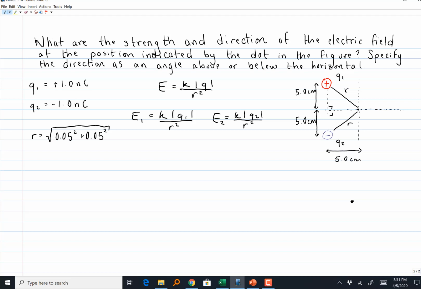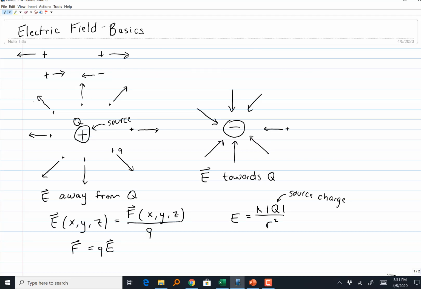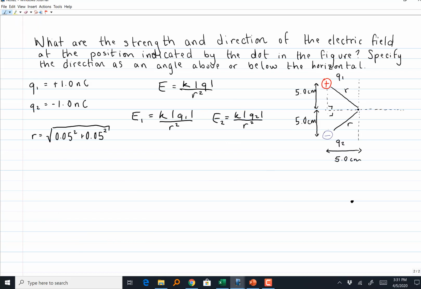First of all, for Q1, I've got a positive charge, and what we said before was that positive charges have electric fields that point away from the source charge, the charge that's creating the electric field. And so my electric field for 1 is going to be pointing away from Q1. Then we can do the same thing for Q2.